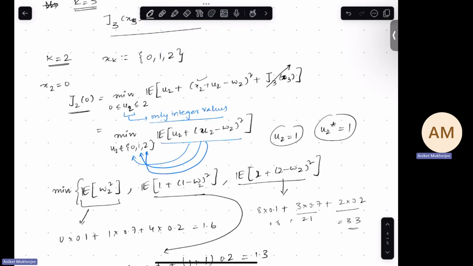next we have to do it similarly for x2 equal to 1, because x2 can also take 1.